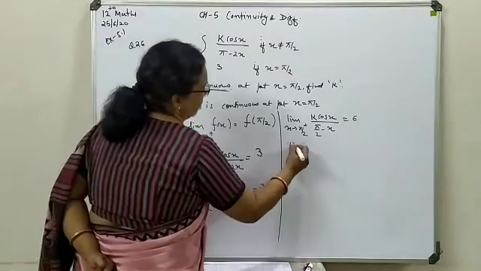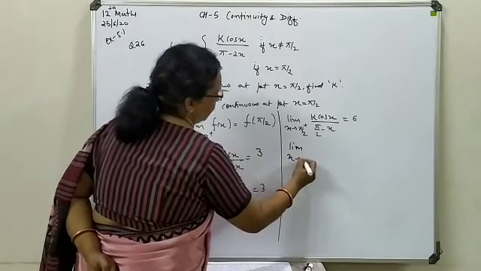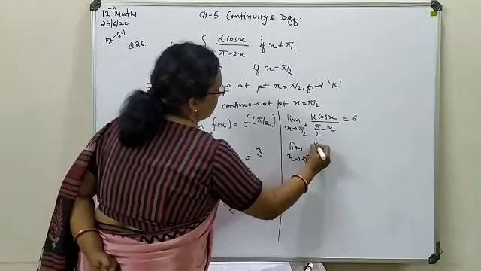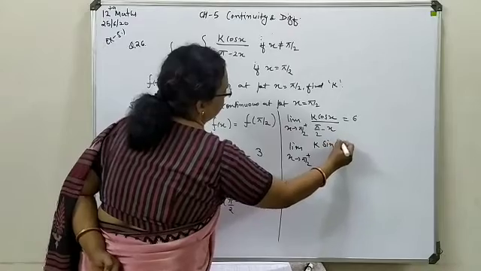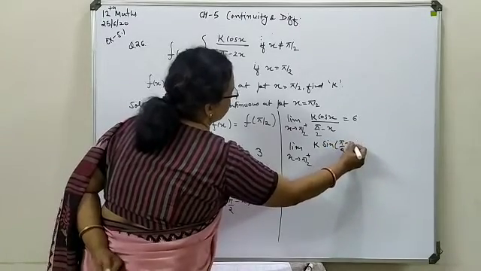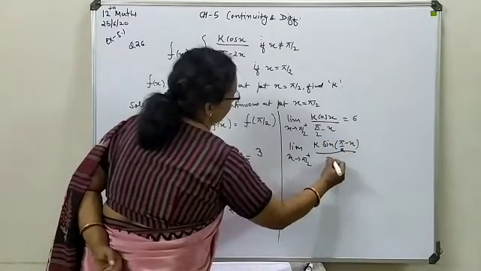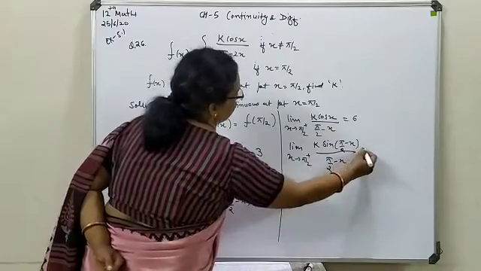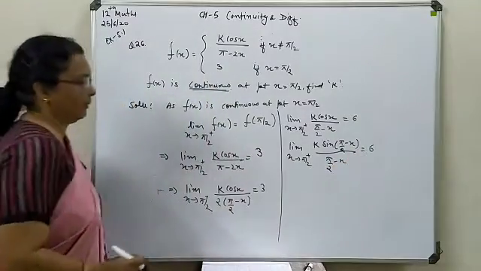So the next is x tends to pi by 2 plus; this cos we can turn into the form of sine on taking a difference of 90. Is everybody clear about how cos converts into the form of sine?